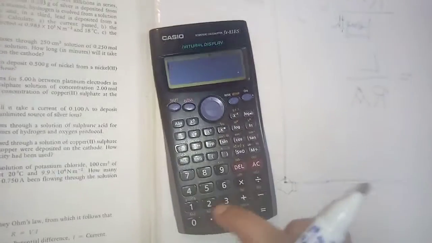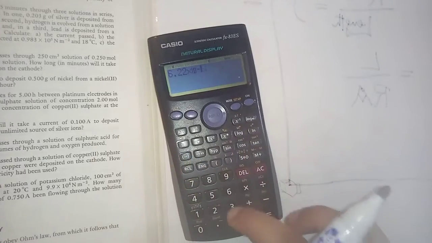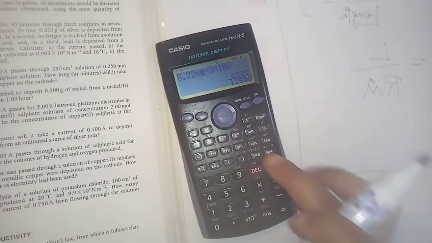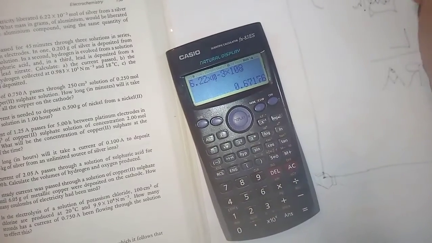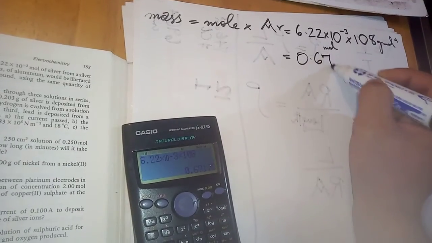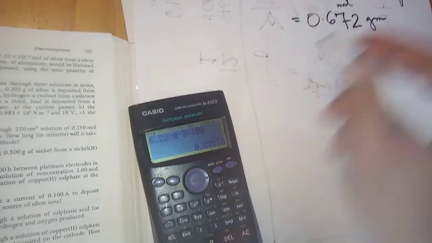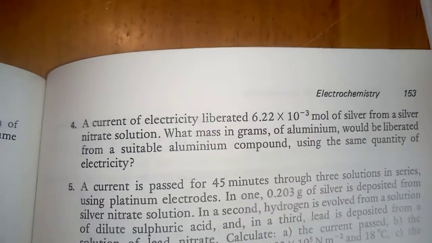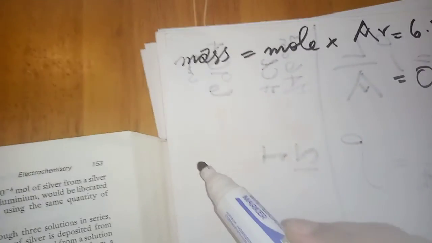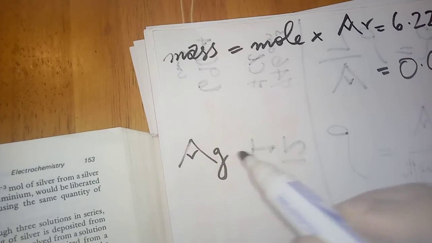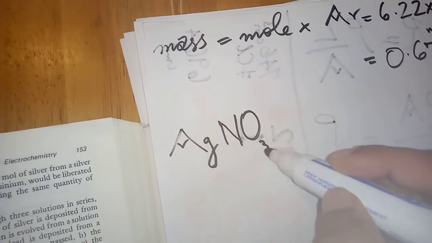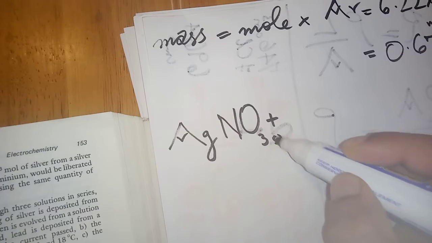That comes out to be 0.672 grams of silver, and it was from the electrolysis of silver nitrate solution. That's what needs to be specified.